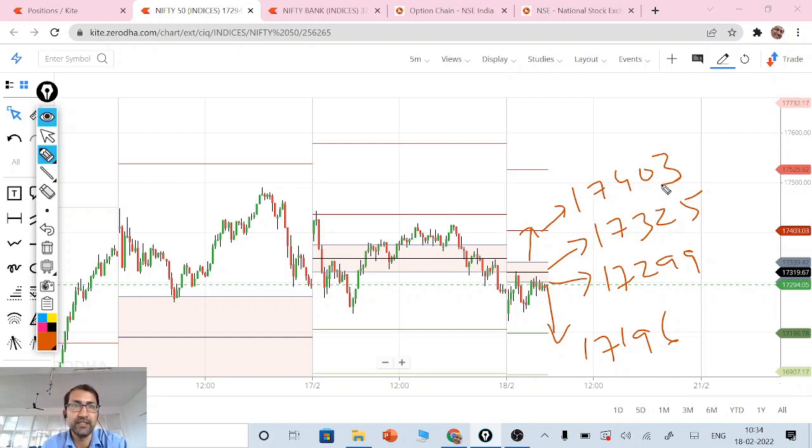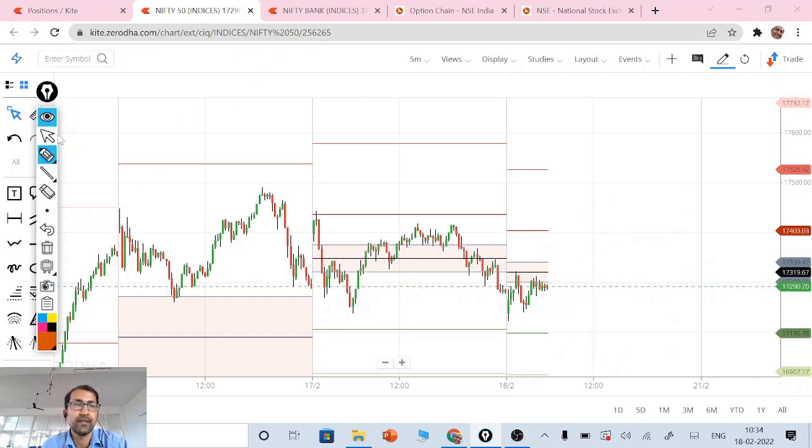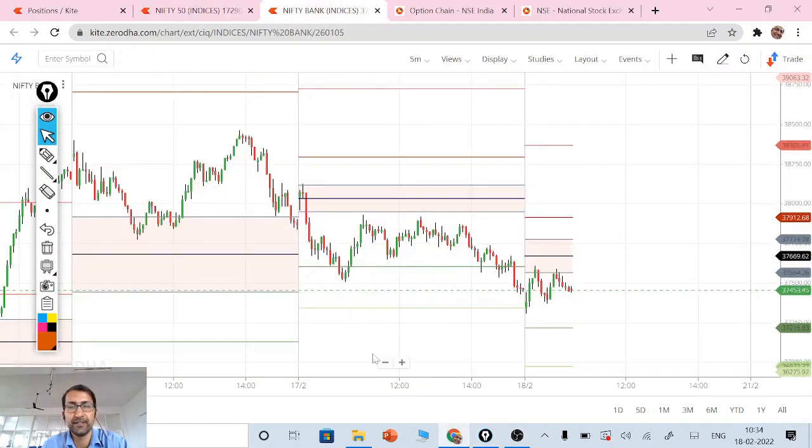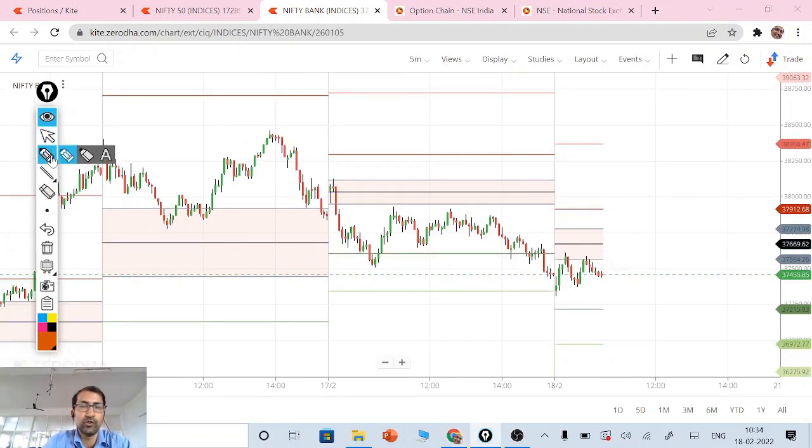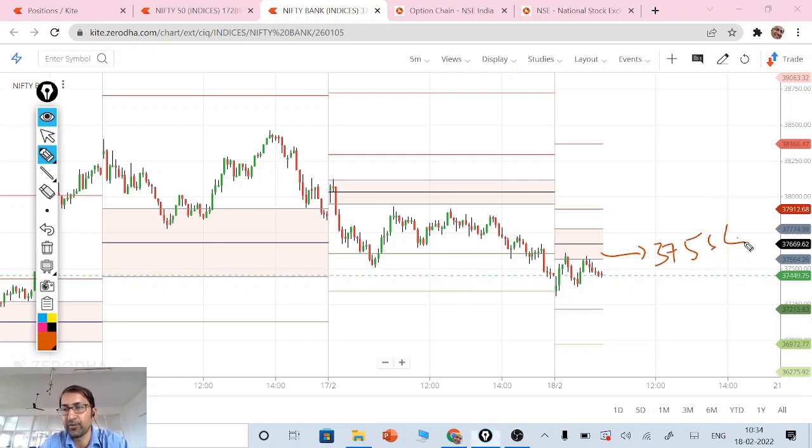Now let me come to the Nifty Bank. Nifty Bank is very important. Nifty Bank is very weak compared to Nifty. It is also below the lower central pivot range, that is 37,564. You can place your stop loss at 37,560.